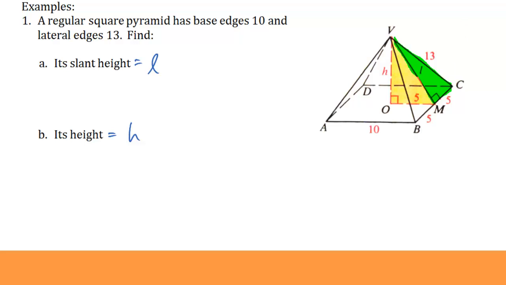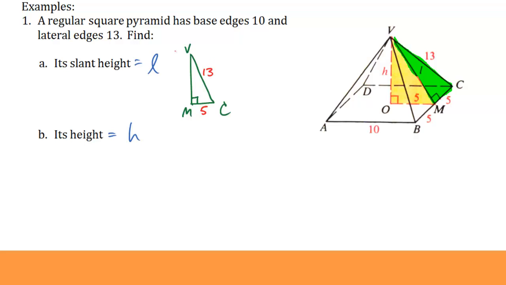So let me draw it over here. Okay. Where that's point C, that's point M, and that's point V. We've got a right angle, and MC is 5 because the whole base is 10. We've taken half of that, and then VC is 13, which is the lateral edge.